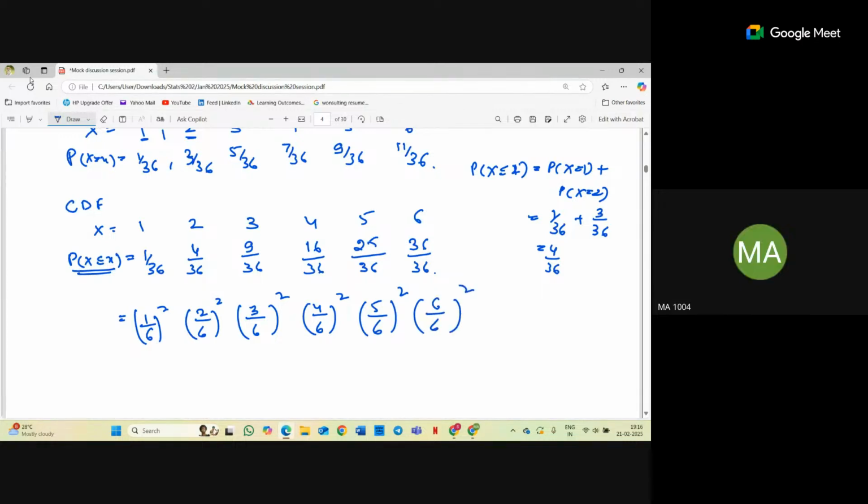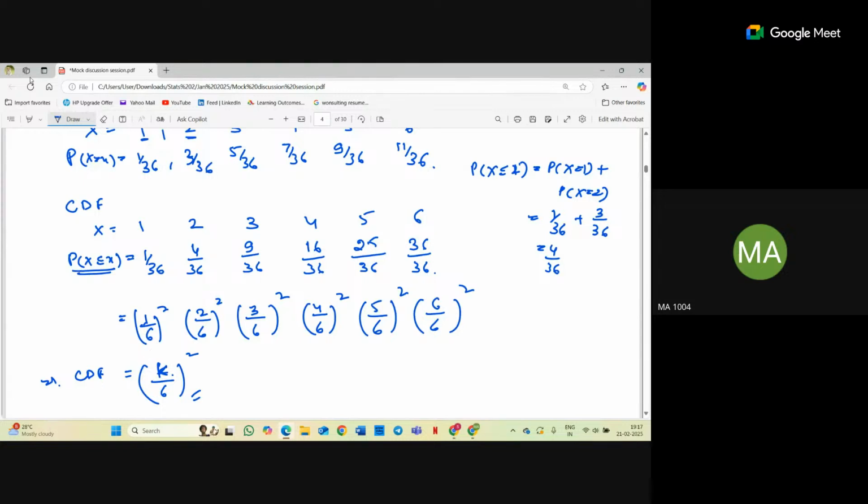The numerator part is just keeping on changing, so it would be k by 6 whole square. Can I write it like this? Yes, ma'am. So the CDF would be equal to k by 6 whole square.